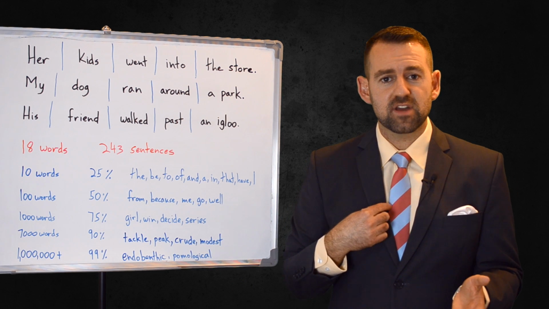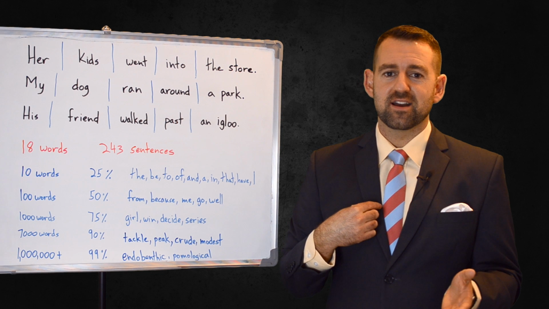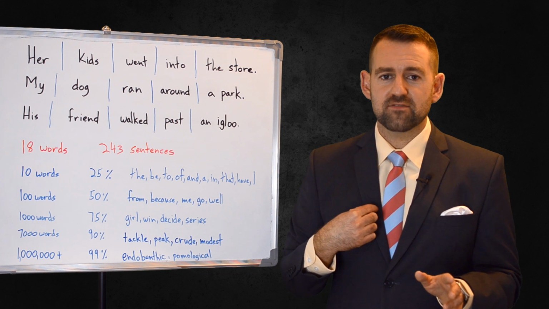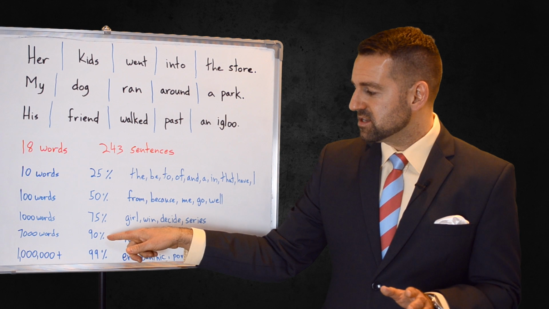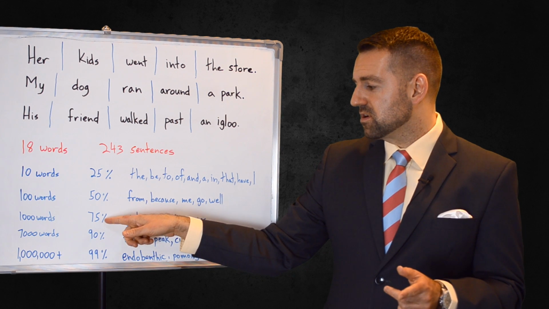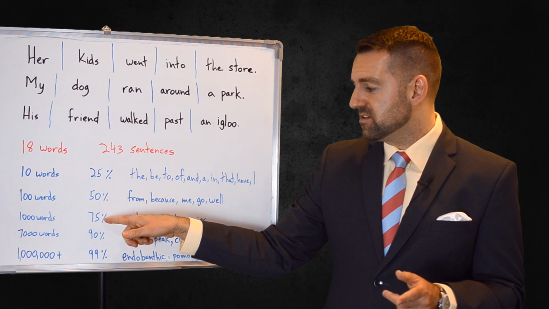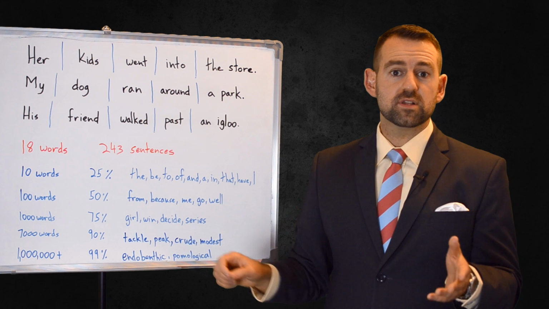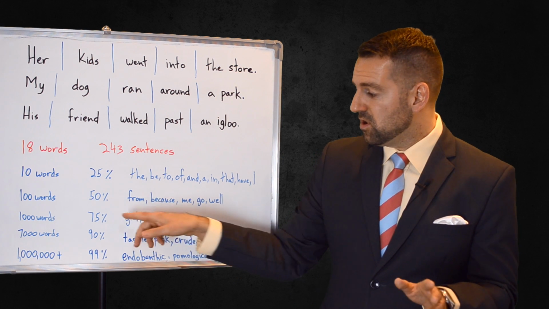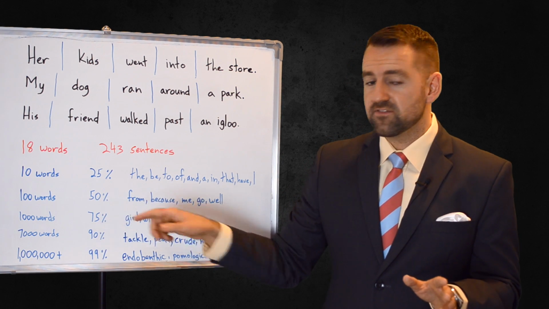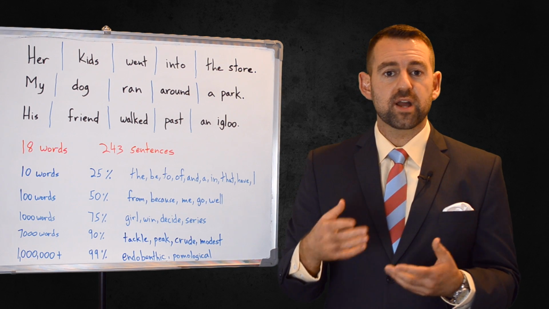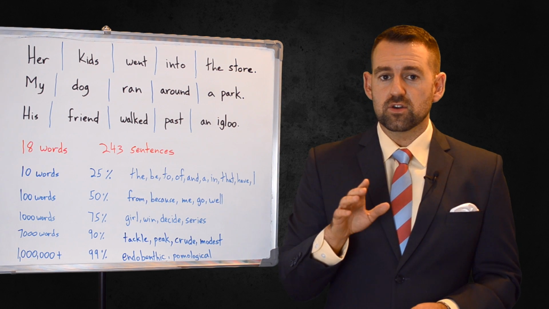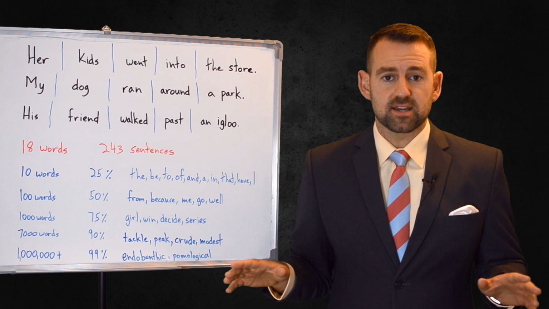And I'm a native English speaker. Okay, if I'm a native English speaker and I only know 92%, that means if you learn 75%, that's really good. If you can speak 75% of the English language on a regular basis, your English will be amazing.